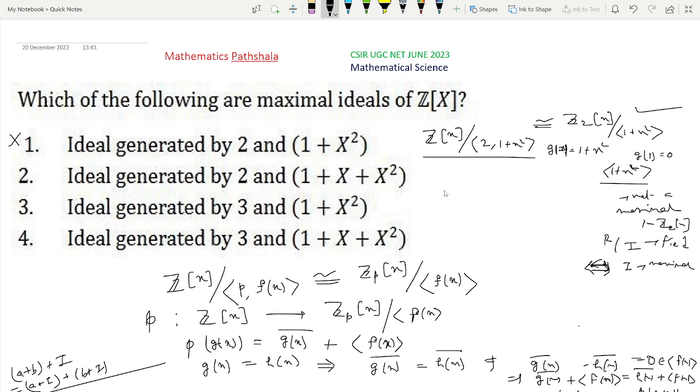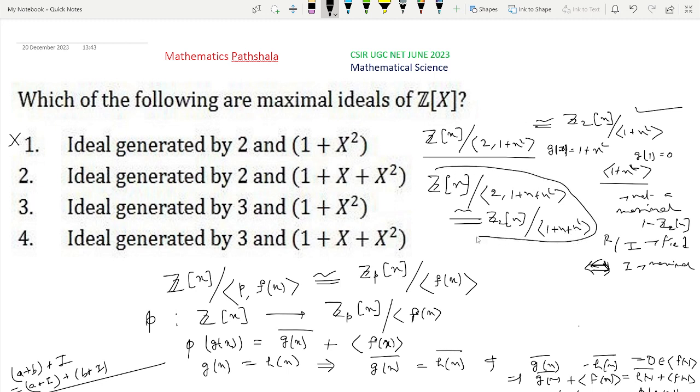So for this ideal, we have Z[x] by the ideal generated by 2 comma 1 plus x square is isomorphic to Z2[x] by the ideal generated by 1 plus x square.